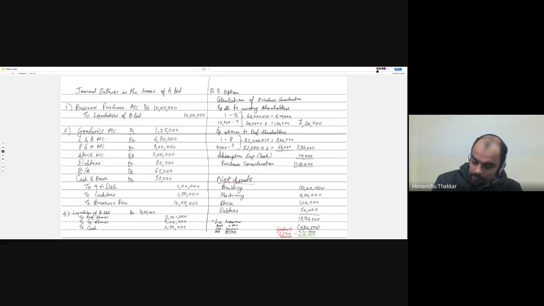These are the accounts you need to prepare as per their direction. These accounts are prepared in the books of Junior Limited.